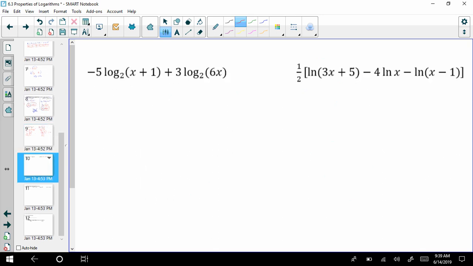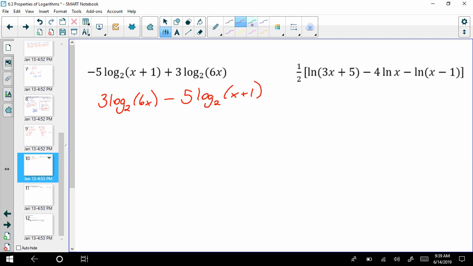Next guy. You know what? Actually, to make this easier to look at, I'm going to flip-flop this whole thing, so I'm going to write it like this. Okay, so I just rearranged it. I like that subtraction to be in the middle.